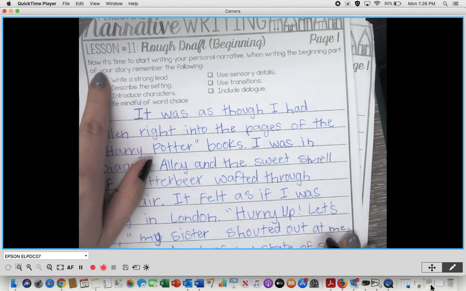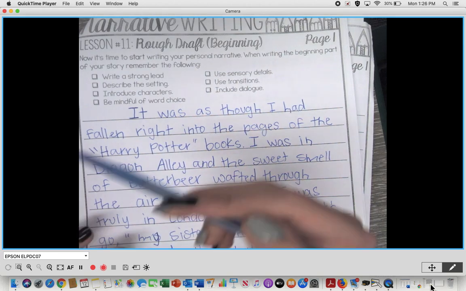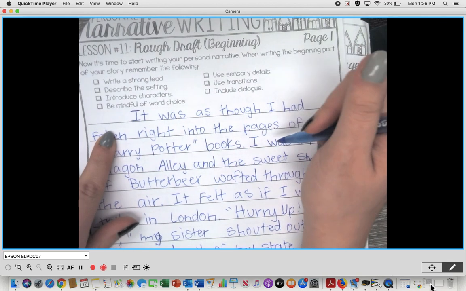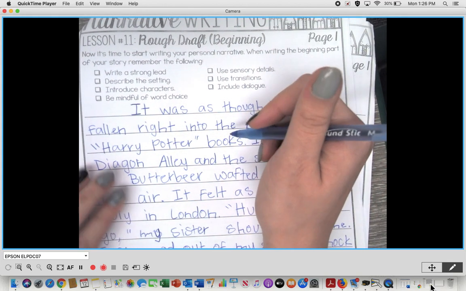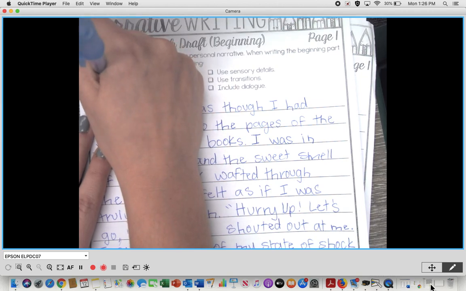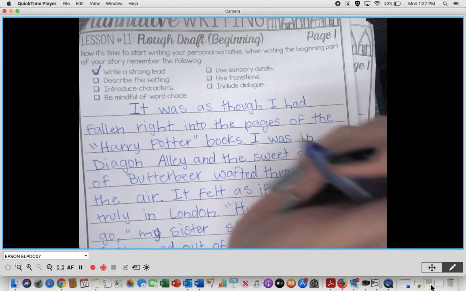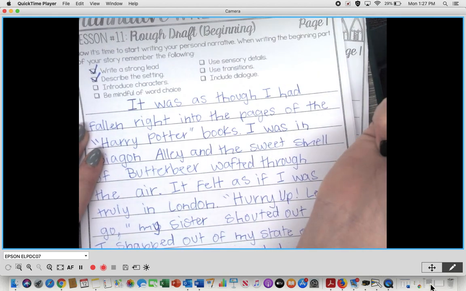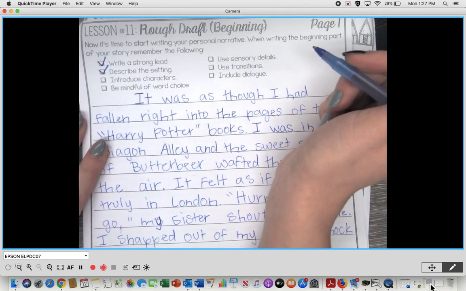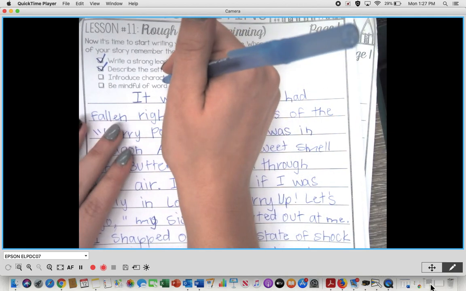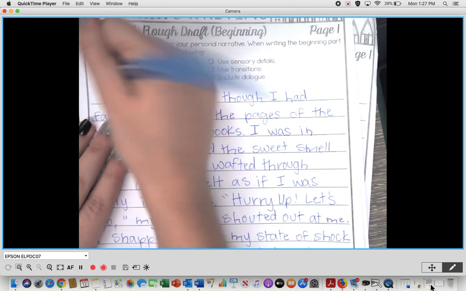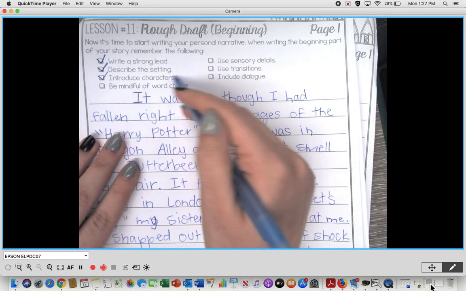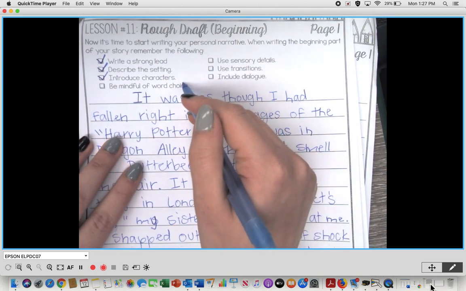And so I'm going to quickly go back to this front page and make sure that I have all of these items checked off, that I included each of these items. So write a strong lead. Well, I used one of the leads from my strong lead page about describing the settings. So I'm going to check that off. Describe the setting. Yep, I talked about the smell, I talked about where I was, I talked about how the building looked, what was on top of the building. Introduce characters. So myself being a character, I introduced myself, I introduced my mom, my dad, and my sister. So I made sure I introduced my characters that are going to be in my story.